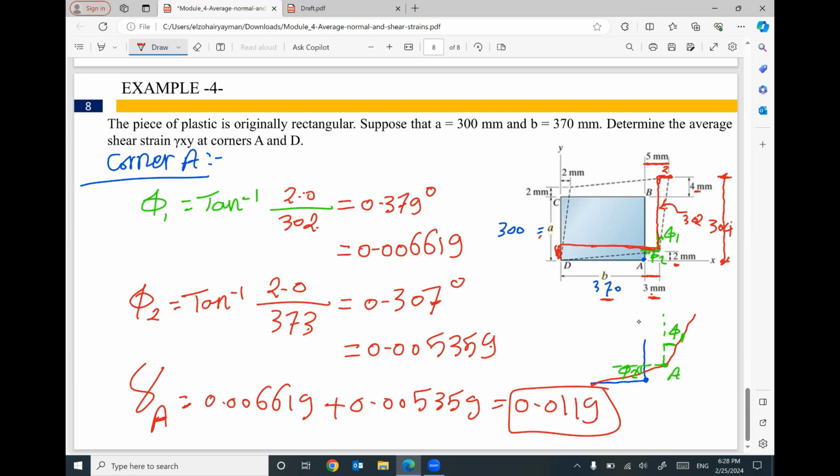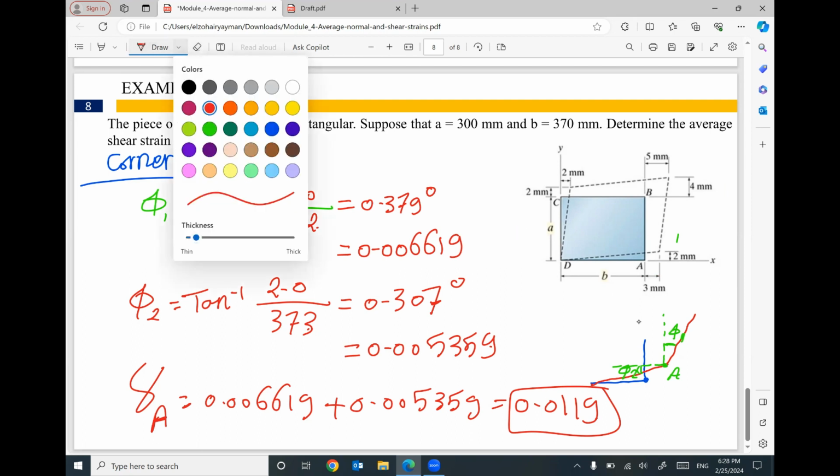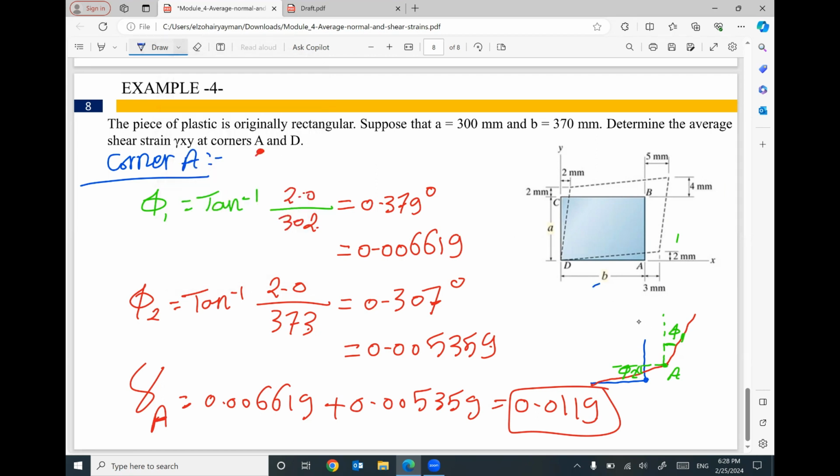What about corner D? Okay, let's repeat it one more time. For corner D, just a reminder, this one is 370, this one is 300.